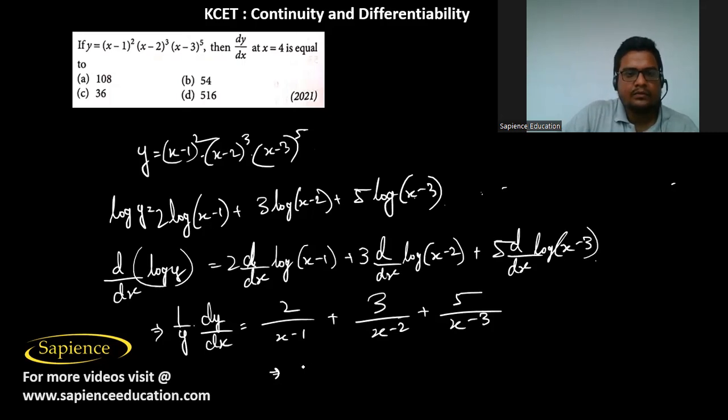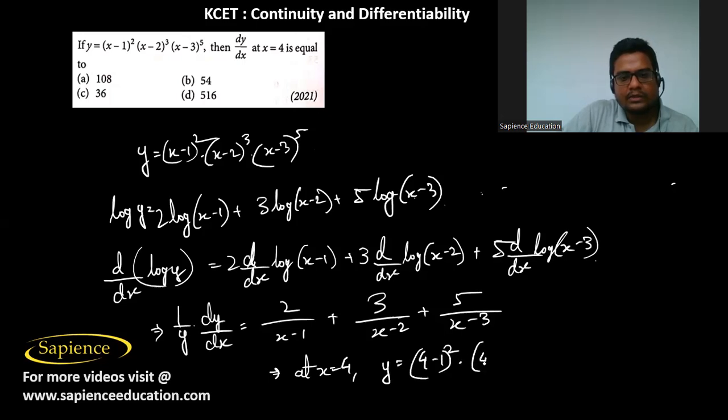So the value of y at x equal to 4 we have to find. So at x equal to 4, the value of y will be equal to 4 minus 1 whole square into 4 minus 2 whole cube into 4 minus 3 whole power 5. So this will be equal to 3 square, that is 9, into 2 cube, that is 8, into 1, which is 72.